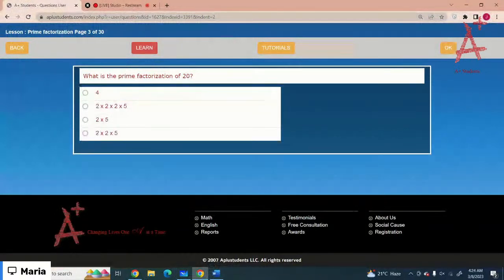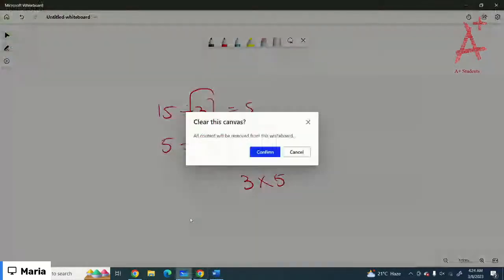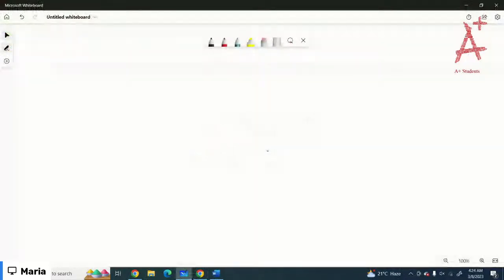Okay, what is the prime factorization of 20? Okay, so you can divide 20 by 2, the smallest prime number. So 20 divided by 2 is 10. Now again you can divide 10 by 2. So 2 times 5 is 10. Then you divide 5 by 5, and that is 1.